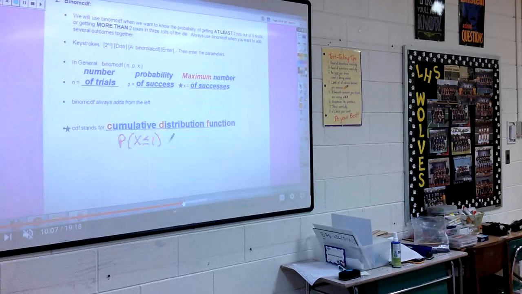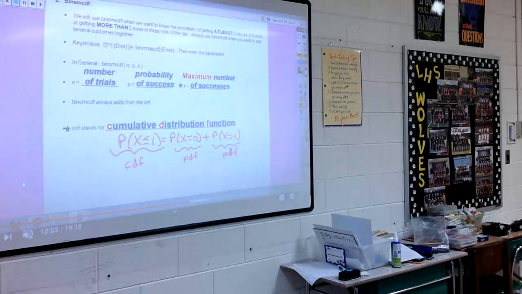So if we want to find the probability that x is less than or equal to 1, what we're finding is the probability that x equals 0 and the probability that x equals 1, right? Because we're finding the cumulative distribution.